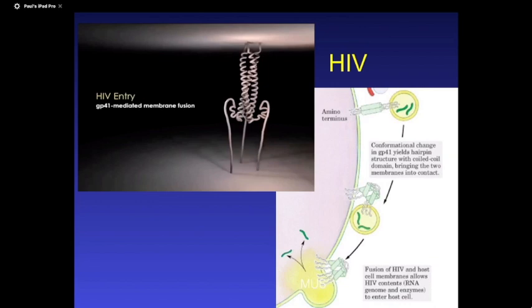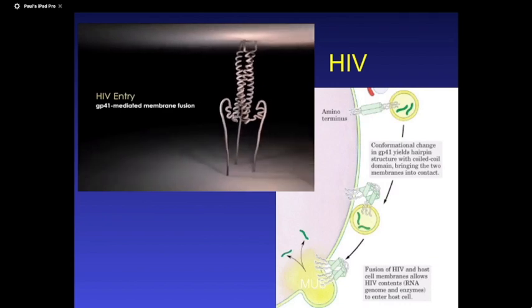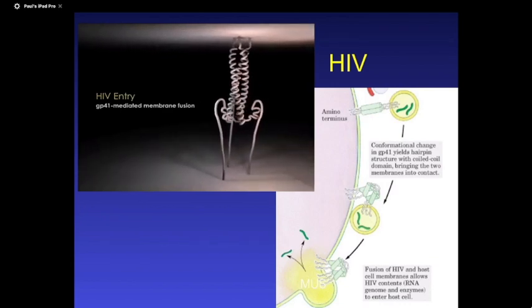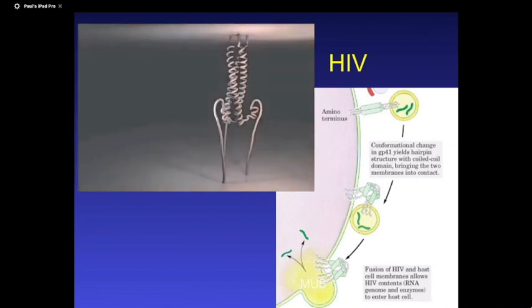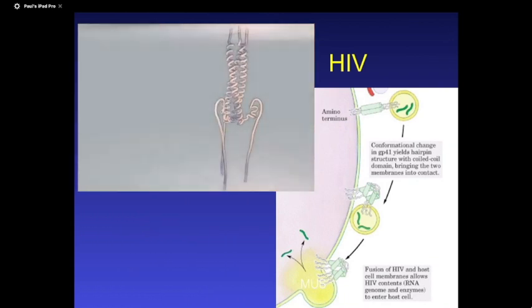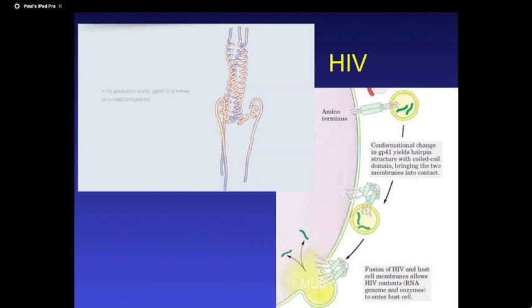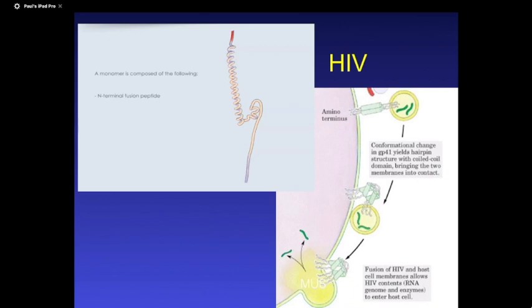It's already been incorporated. But those two cells are really close, but not close enough to fuse. What happens? We see the proteins, they're stuck inside. And once the ends of those proteins feel the inside of the cell, something interacts with it on the inside, causing the protein to change shape, to change its structure.